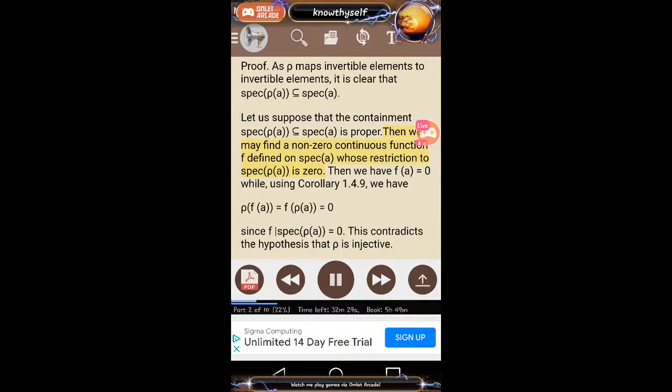Then we may find a non-zero continuous function f defined on spec(a) whose restriction to spec(ρ(a)) is 0. Then we have f(a) not equal to 0 while, using corollary 1.4.9, we have ρ(f(a)) equals f(ρ(a)) equals 0. Since f(spec(ρ(a))) equals 0, this contradicts the hypothesis that ρ is injective.